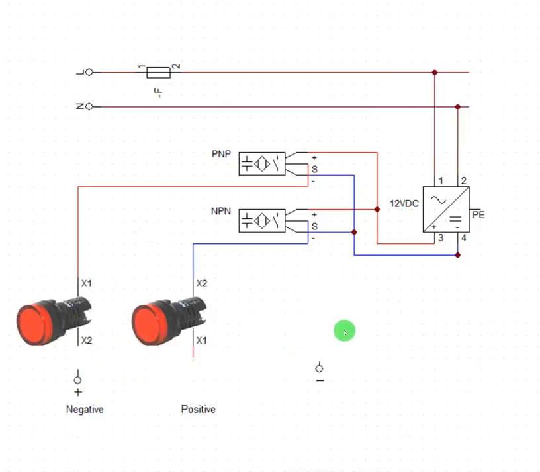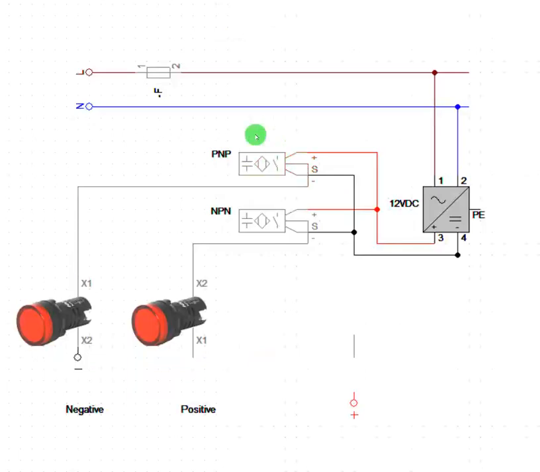So let me take this one away, and return my negative terminal. With that, you can now transmit. Sorry, just hold on. So with that, you can now work accordingly.